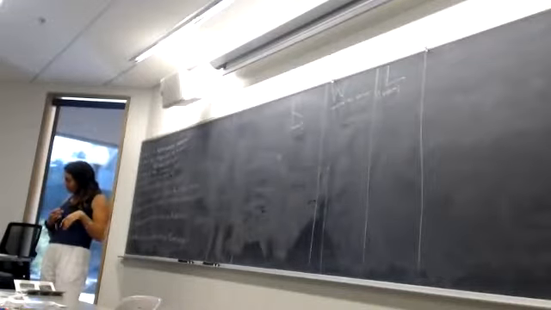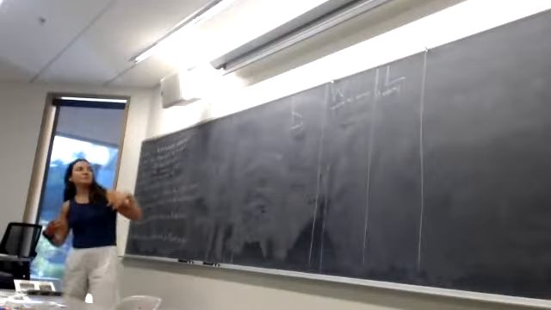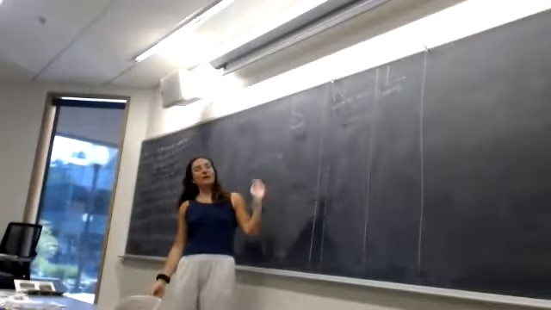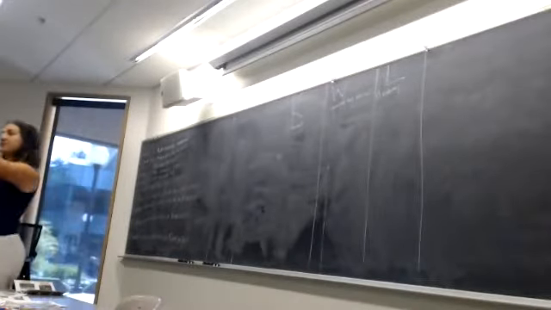So for the warm-up, we're going to do a KWL. So with your partner, I want one person to write what you want to know, or what you know about Costa Rica, which is the country that I'm doing my presentation on, because I lived there.